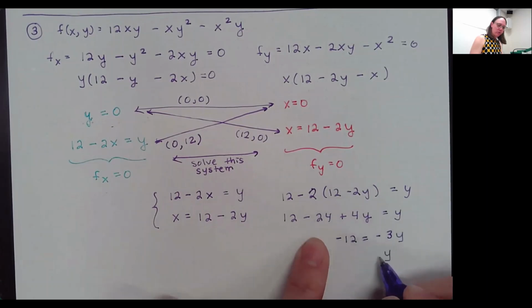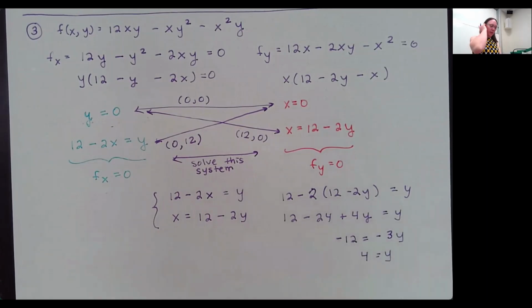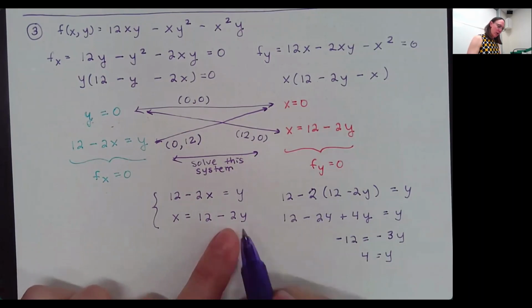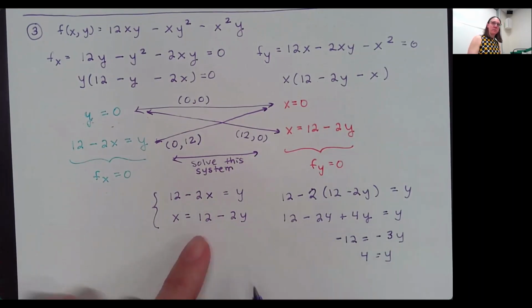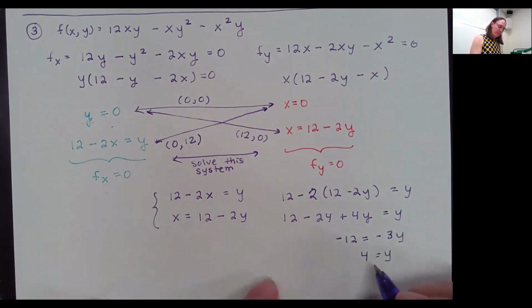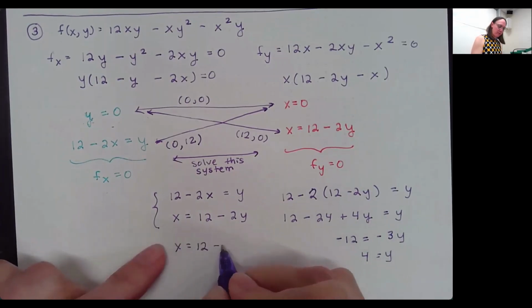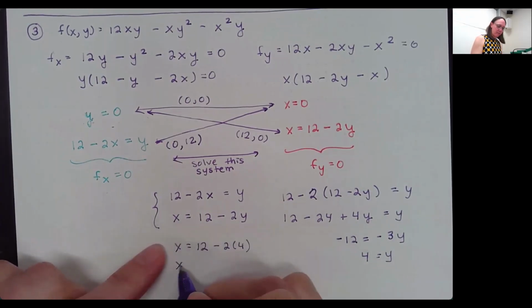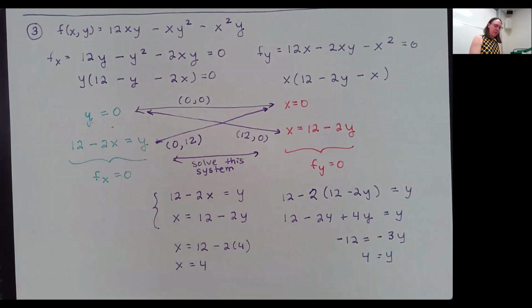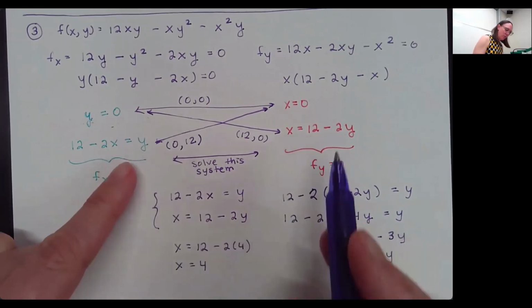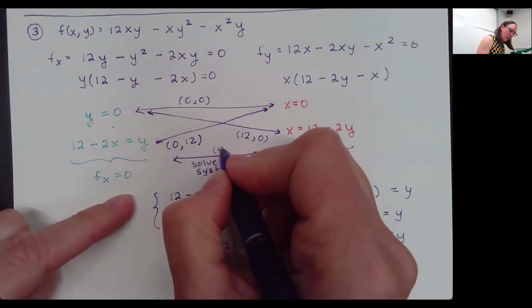So y is equal to 4. And if y is equal to 4, looks like x is also 4. So solving these two pieces gives us 4, 4.